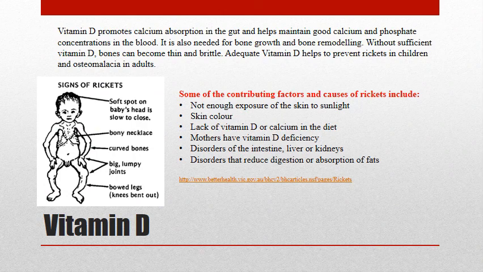It's important to note that people with darker skin absorb less vitamin D, so sunlight doesn't help cultures with dark skin as much as it helps people with lighter skin.